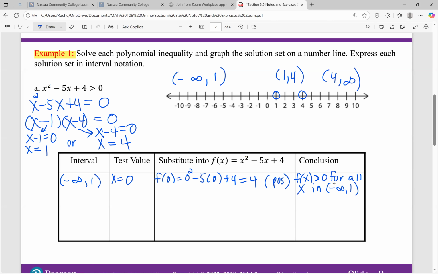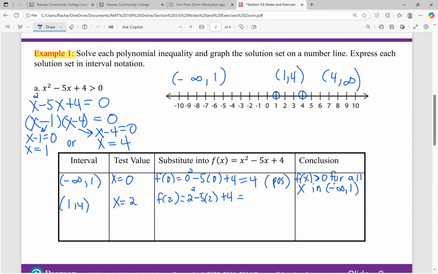So now let's pick a test value in my second interval. My second interval now goes from 1 to 4, so not including 1 and 4, right? So let's pick something in between. Let's do 2. So what if x was equal to 2? The value of my function at 2 would be 2 squared minus 5 times 2 plus 4.